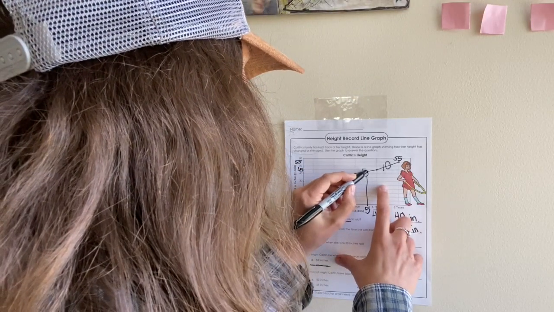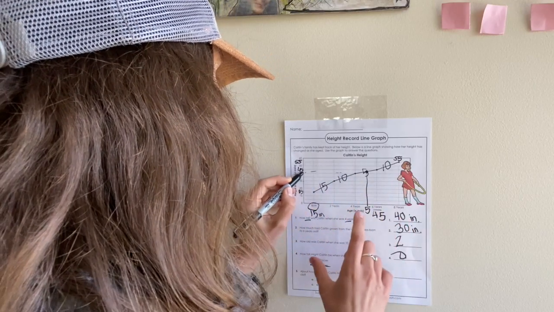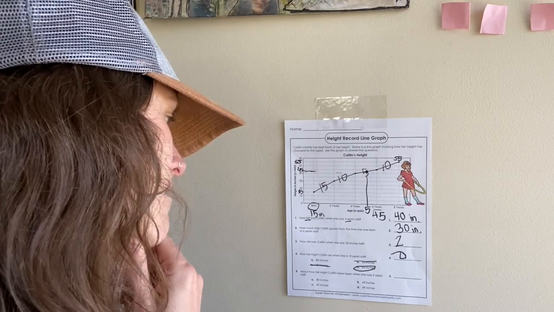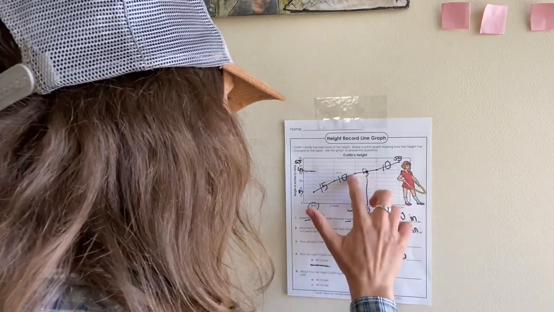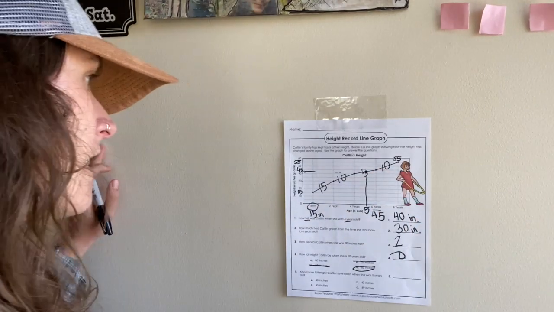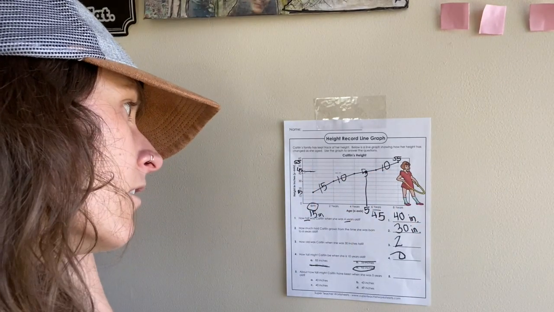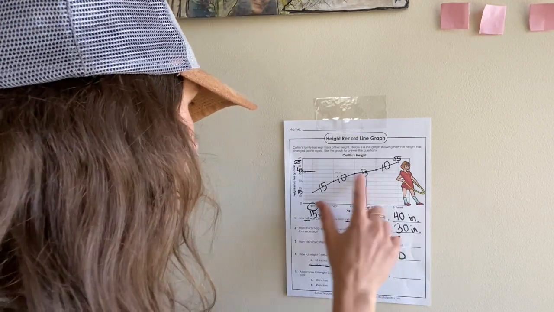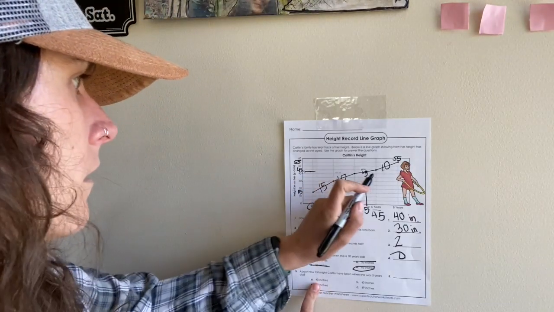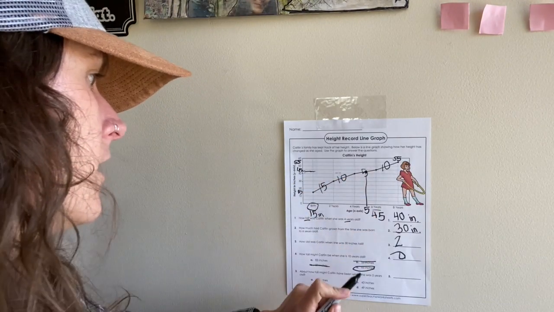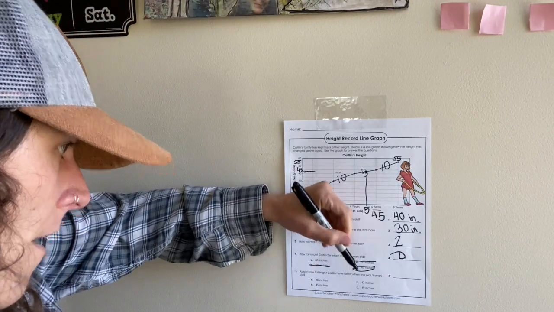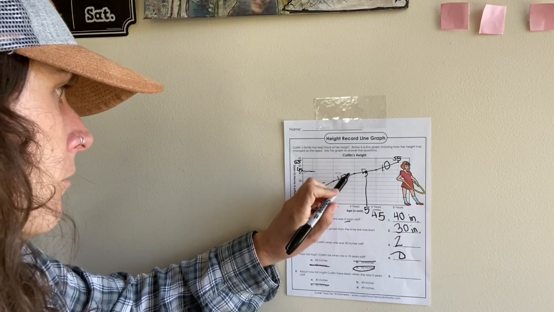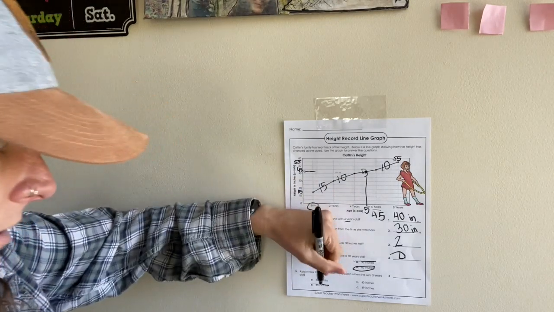When she was 5 years old, she's gonna be somewhere between 40 and 45 inches, because she was 45 inches when she was 6. So we know it's not 45, that's too much. For 4 years old, she was 40 inches, and that's too little.